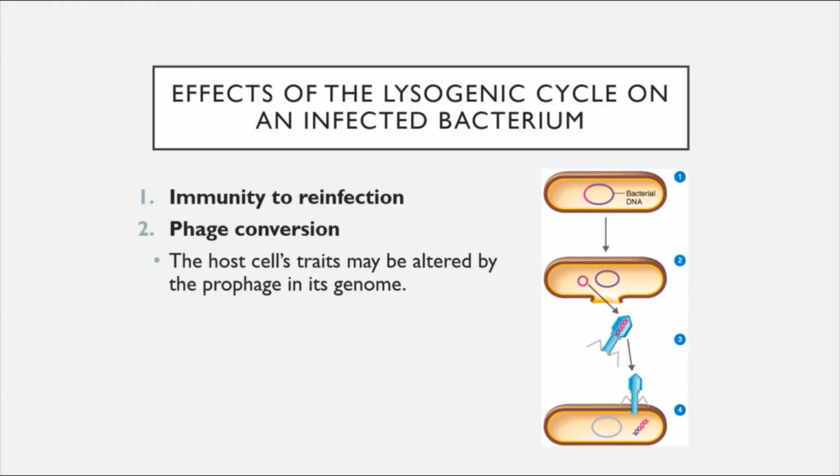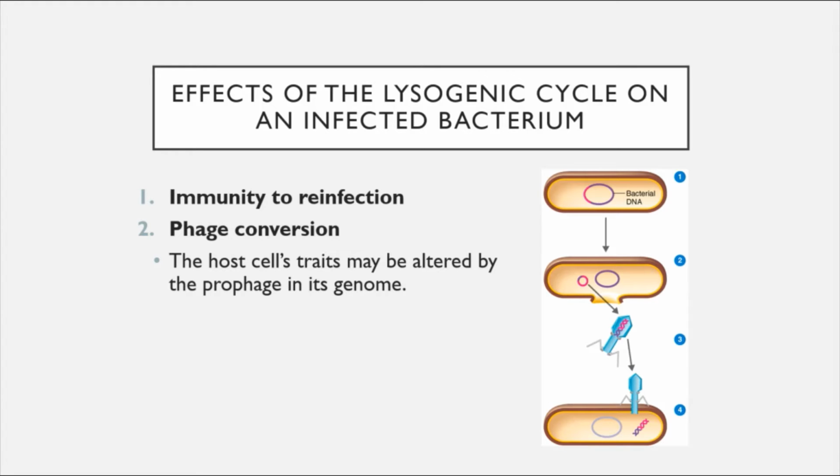Phage conversion is what happens when the bacterial cell's traits are changed by the presence of the prophage in its genome. For example, there are many examples of bacteria that are normally harmless to humans, but when infected with a lysogenic phage, they can be transformed and start generating toxins that suddenly make them more virulent and harmful to humans.